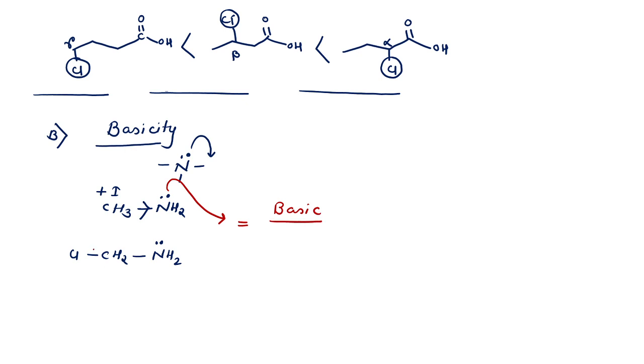Now what is going to happen? Cl has its minus I effect. This lone pair is attracted over here. This effect operates through the sigma bond. So that's why it is not easily available for donation. It is less basic. In short, plus I effect will decrease basicity and minus I effect will increase basicity.